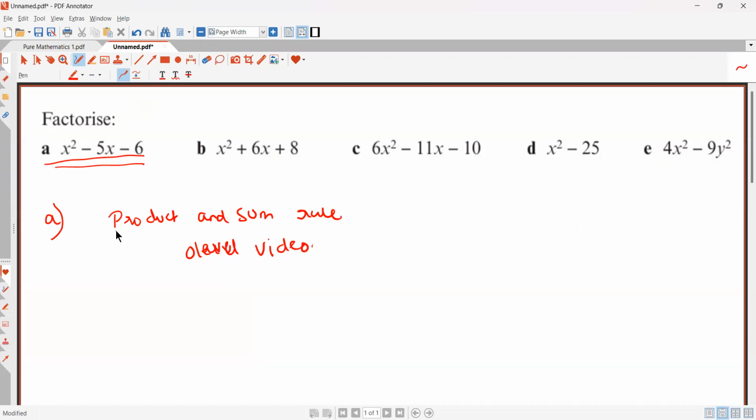You're going to find product and sum rule there, in the maths folder. There I have done a lot of sums regarding product and sum rule from the very basics, breaking down each sum. That's the reason I sent that link in the group the other day.